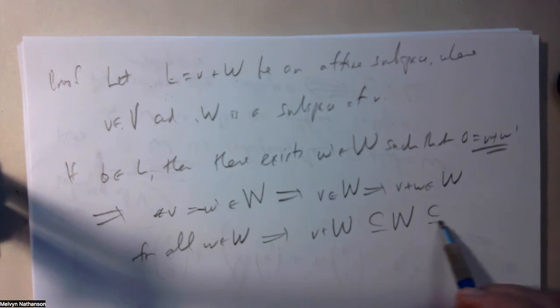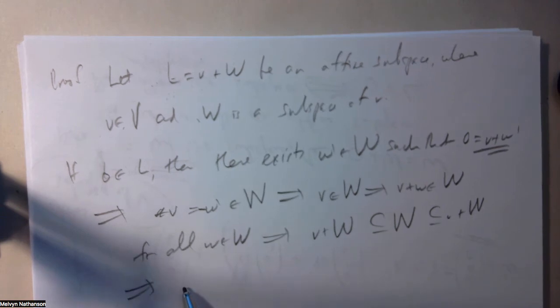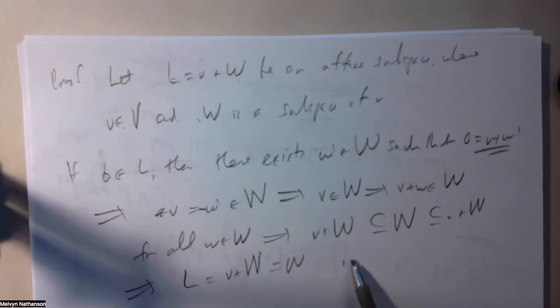And w is contained in v plus w, which means my affine subspace L, which is v plus w, is equal to w, is a subspace. So if an affine subspace contains 0, then it's actually a subspace.